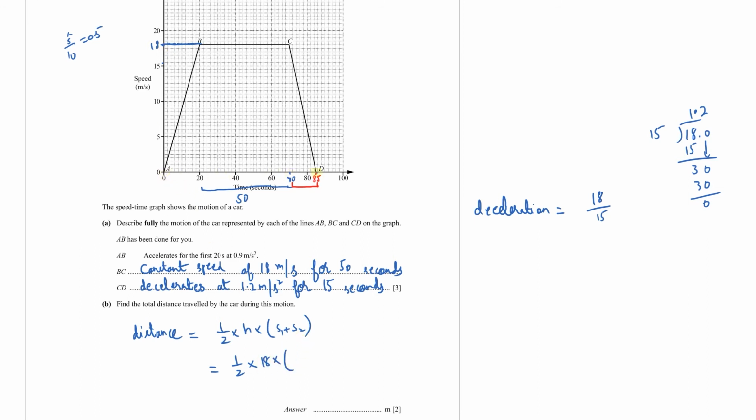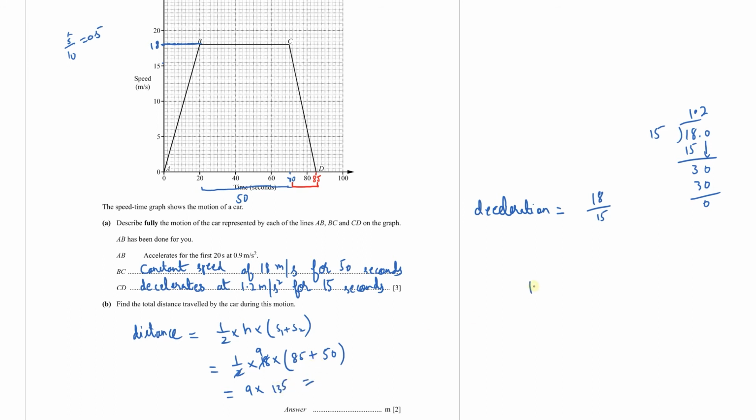And the one side is 85, plus the other side is, this is 20 and this is 70, and you've already calculated it here, which is 50. So 85 plus 50 will be, so I can cancel this out. 2 times 1 and 2 times 9 is 18. So 9 times 85 plus 50, 85 plus 50 will give me 135.